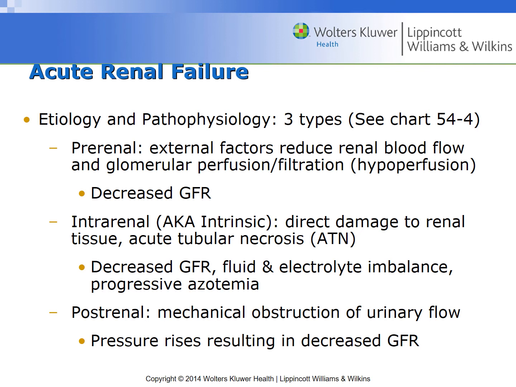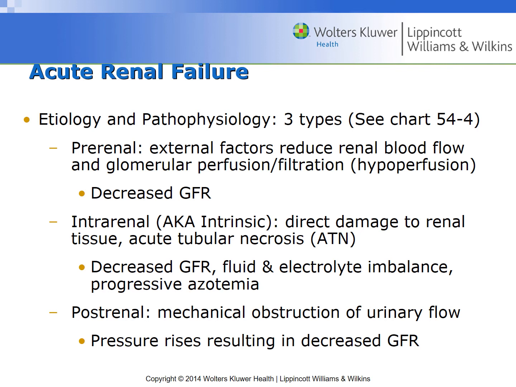Any kind of injury to the kidney, such as from a blood clot, a thrombus, or any kind of ischemia, can occur. It may be because of a low mean arterial pressure.